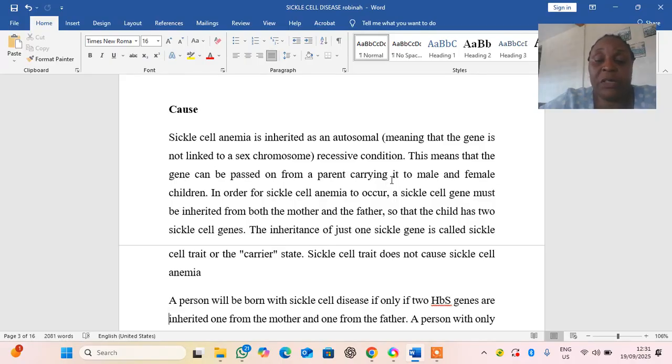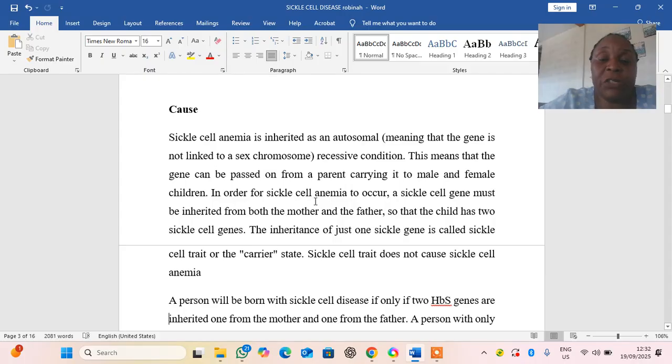Sickle cell trait does not cause sickle cell anemia. This is an inherited autosomal recessive gene, and it can be inherited from either parent and can go to any sex of their offspring, either male or female.